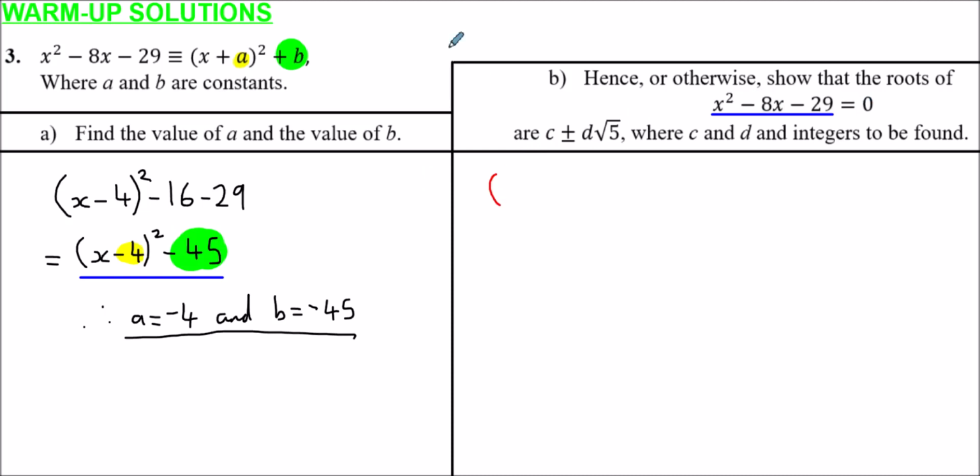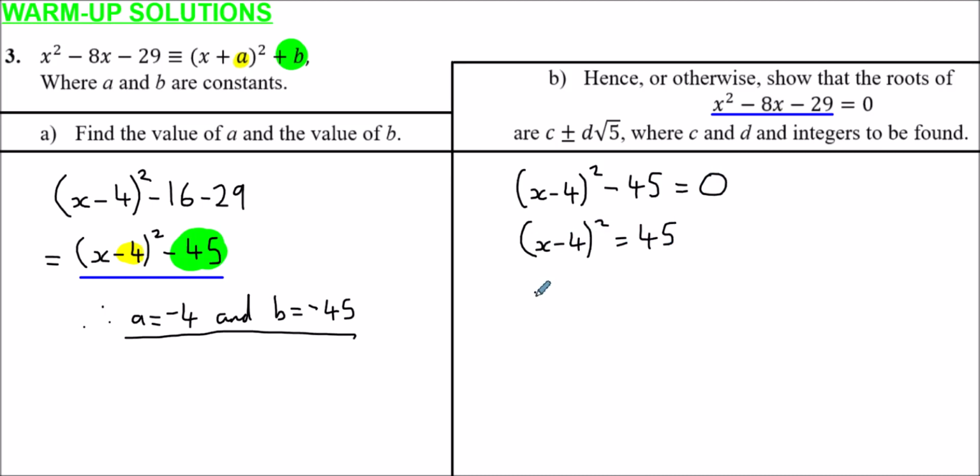And so what I'm going to do here, I shall put this in black, not in red, we'd have x minus 4 all squared minus 45 equals 0. Now we can add 45 to both sides to get x minus 4 all squared equals 45.